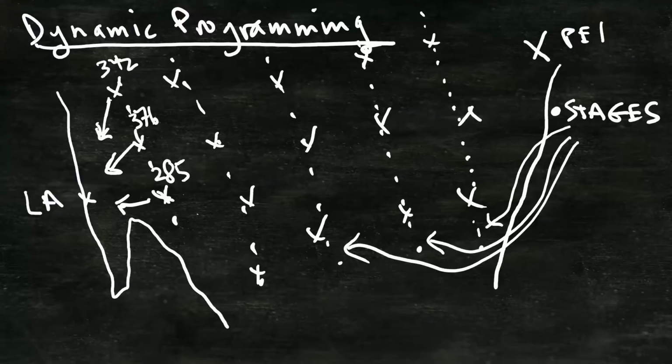So what we do then is we go one stage back and we go to each of these cities and we say, okay, imagine that the optimal route takes us to this city. What is the best thing to do? Well, you know that if you go this way, then the profit is 342. The question is, how much does it cost to travel there, and what is the profit that you make in this current city?